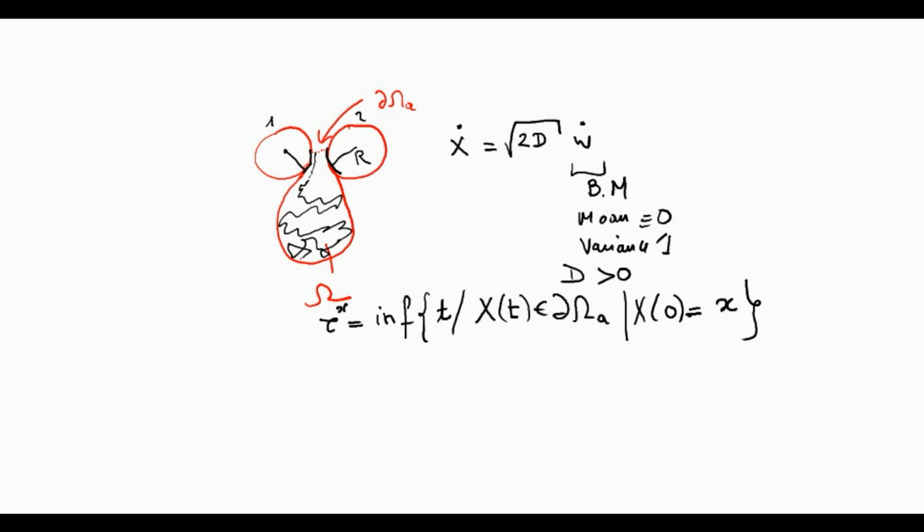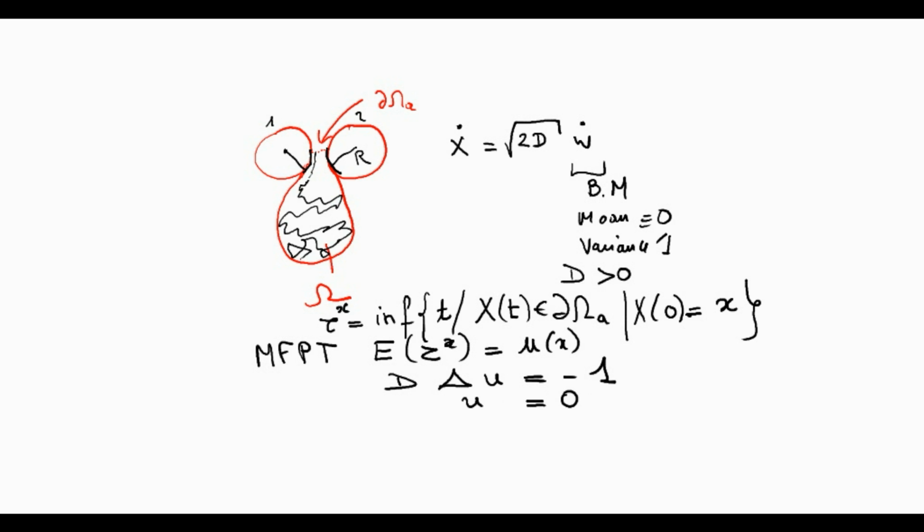So this is tau of x, and the classical mean first passage time equation, the MFPT, for the expectation of tau of x, which we call u of x, is the solution of the equation D Laplacian u of x equals -1, u equals 0 on the absorbing part, ∂Ω_a, and on the other part of the boundary, where there is no absorption, du/dn equals 0.